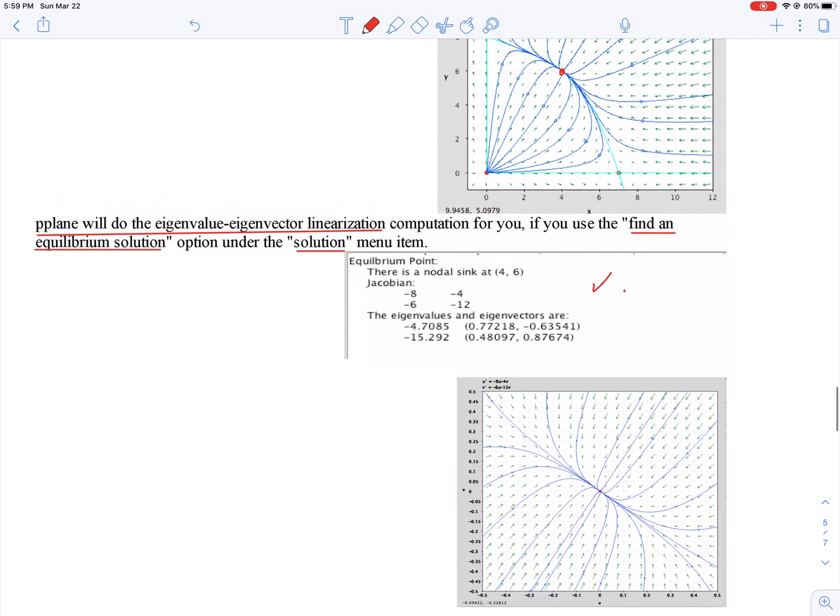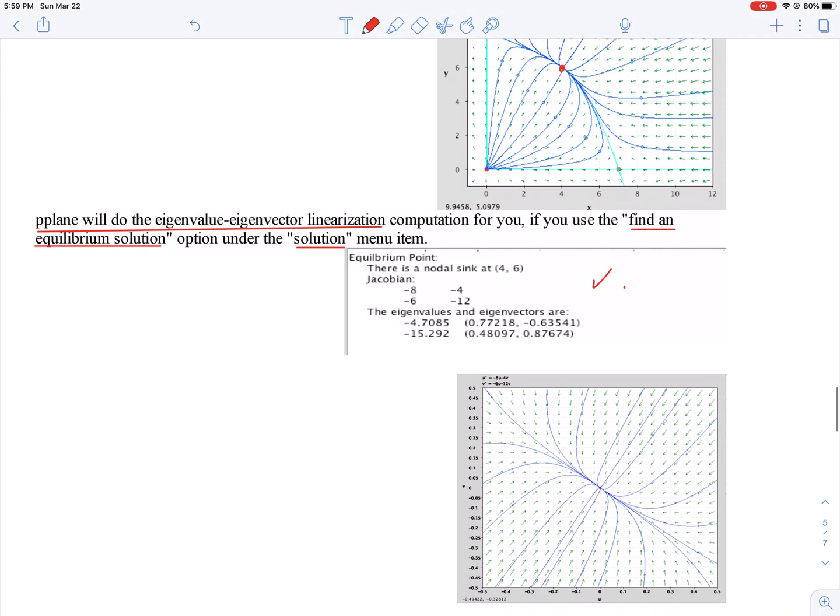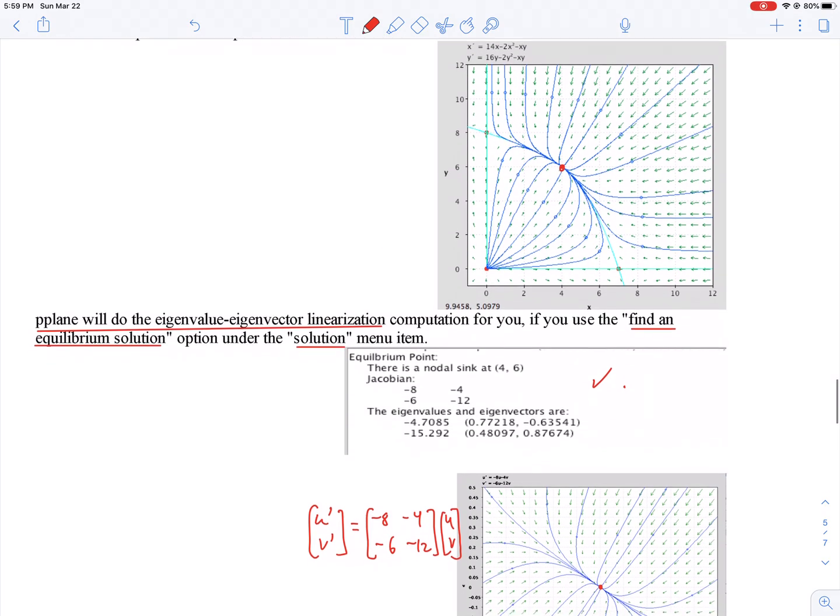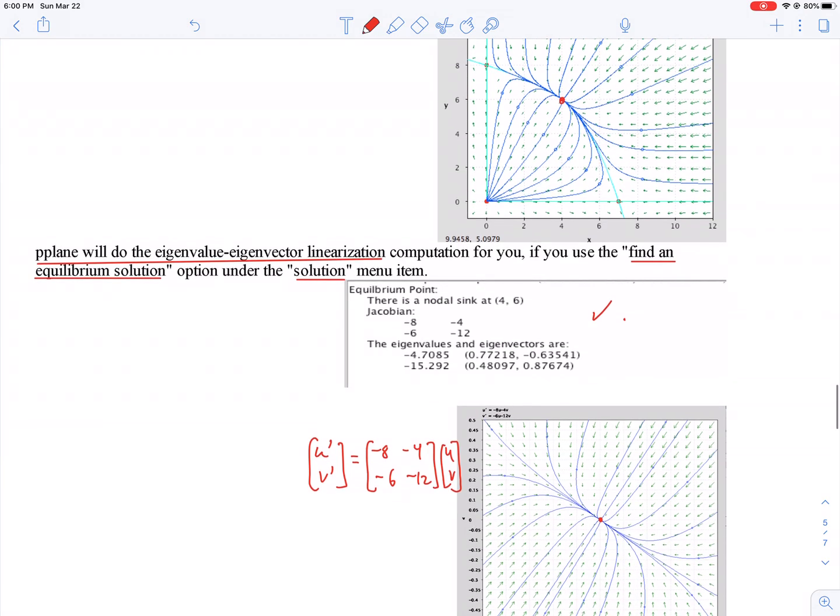And that's what we were using in the last problem. Okay, and here is the solution of the linearized system, which was u prime, v prime equals [-8, -4; -6, -12] times (u, v). That was giving us that the origin in the UV system corresponded to the equilibrium point in the XY system.